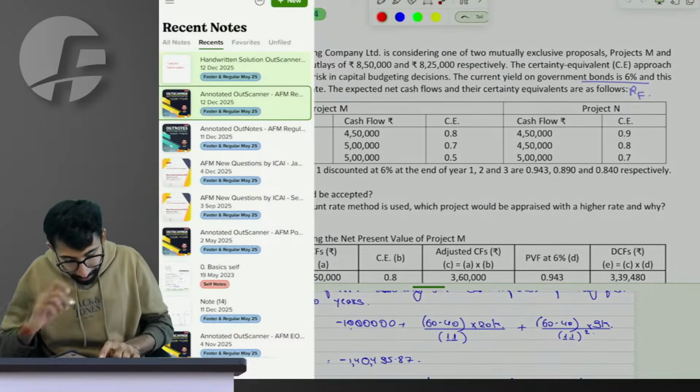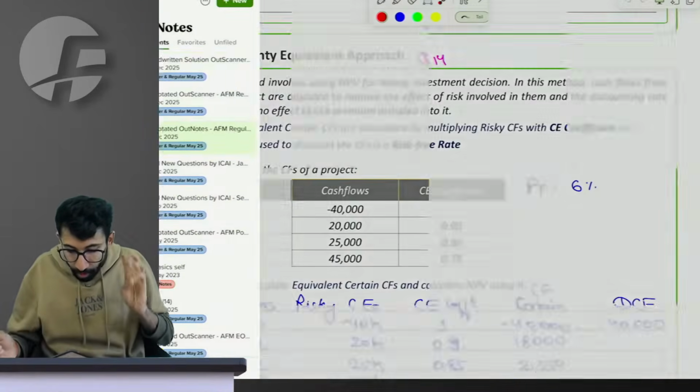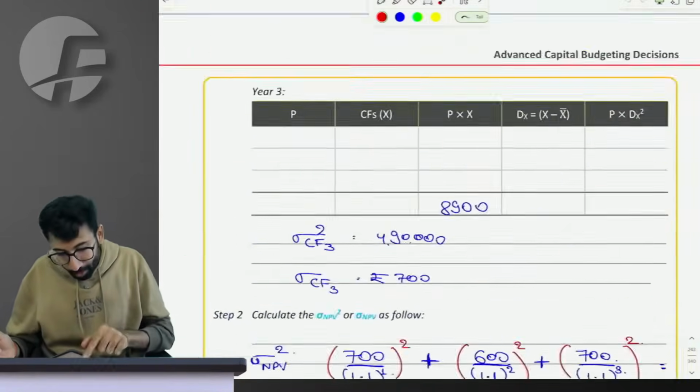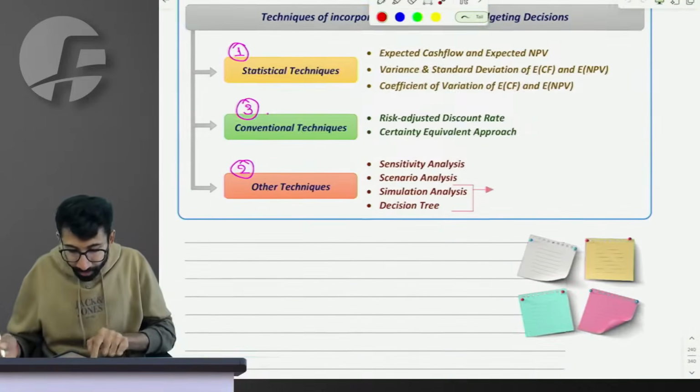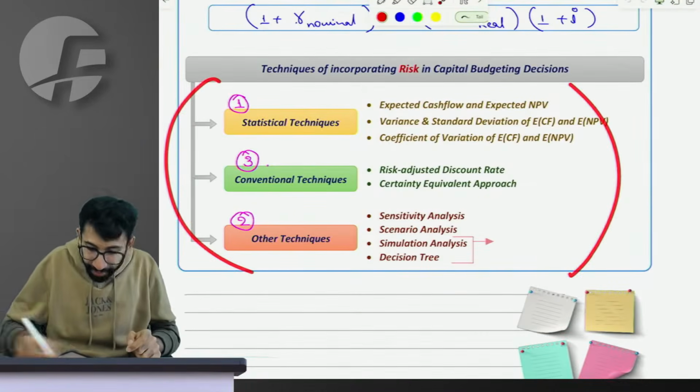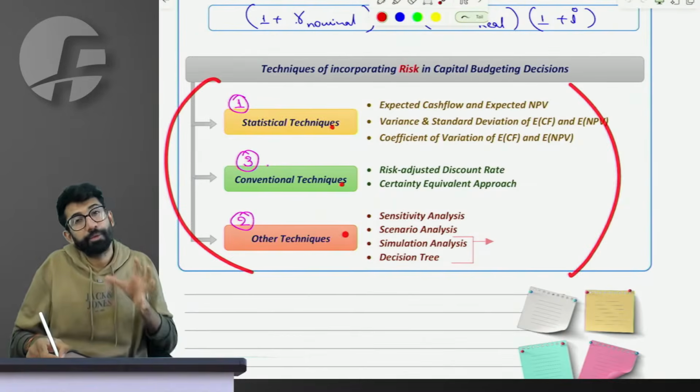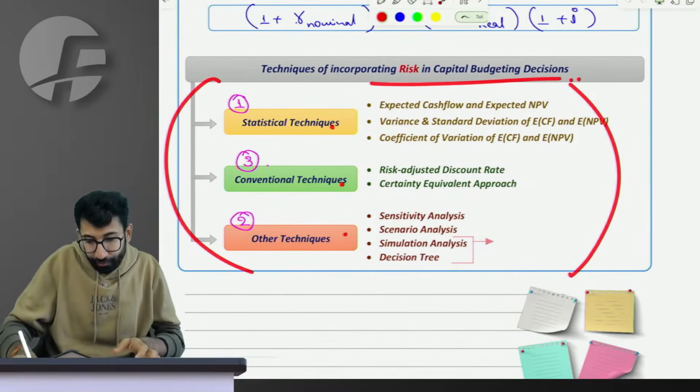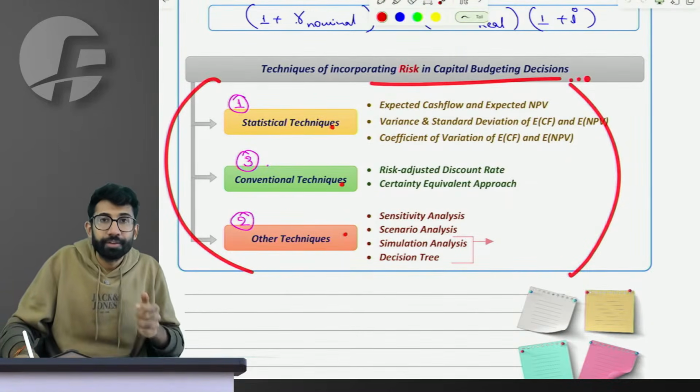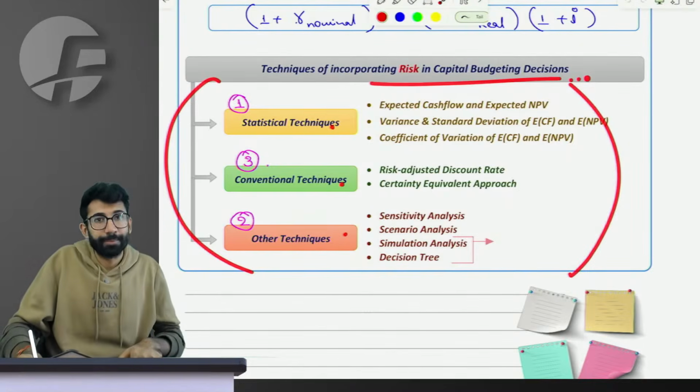So you people are now clear with all three categories of techniques of incorporating risk into the calculation of NPV, of incorporating risk while evaluating a project.